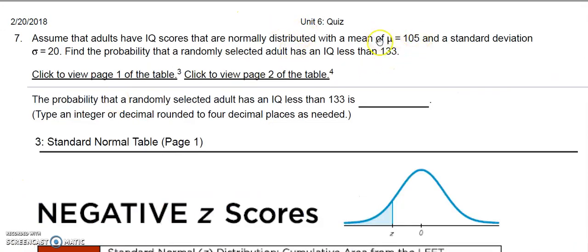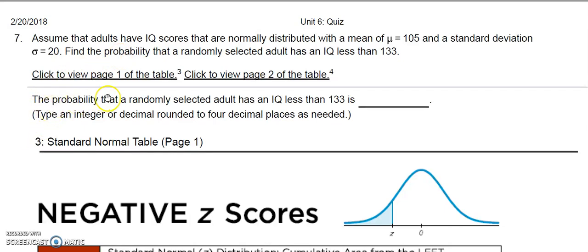So here the mean is given, the standard deviation is given, and we want the probability that a randomly selected adult has an IQ less than 133. You would find the z-score for 133, which is 133 minus 105, that's 28, divided by 20, which is 1.4. So the z-score is exactly 1.4.